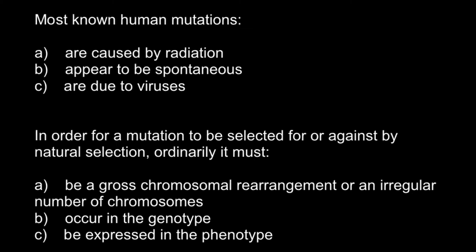Skin cancer, for example, is caused by solar radiation or ultraviolet, and among all the cancers, skin cancer would share the top 5. Other cancers in this top would be breast, lung and colon cancer. So should we choose this answer, or should we choose answer C, are due to viruses?